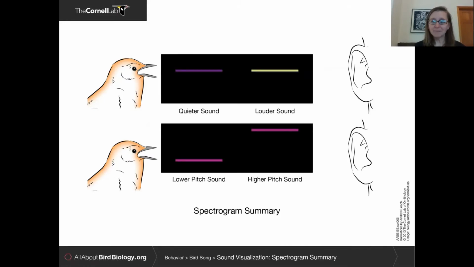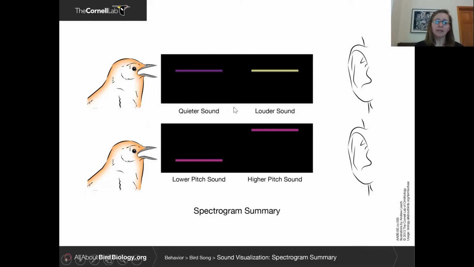What these same sounds would look like in a spectrogram view would be a quieter sound and a louder sound here. And the way that's indicated in a spectrogram view, I should mention, is usually either a color gradient, or if these spectrograms are in grayscale, you would find differences in the shades of gray in the actual sounds.